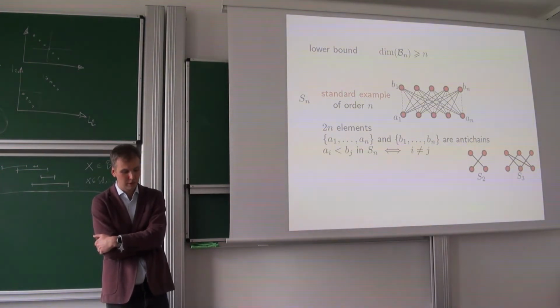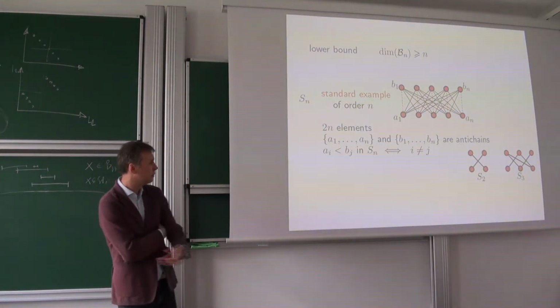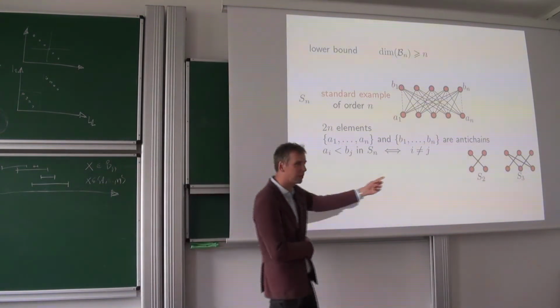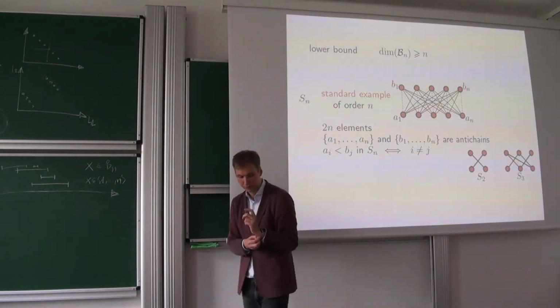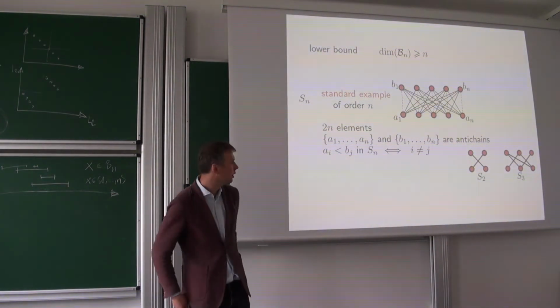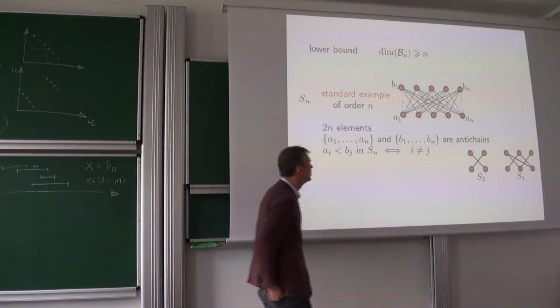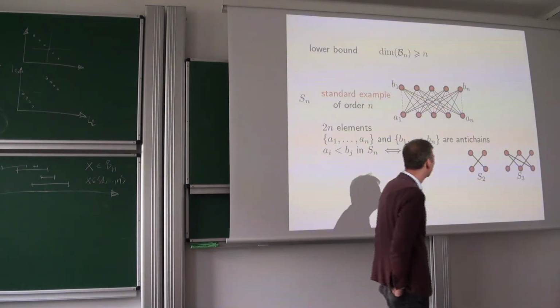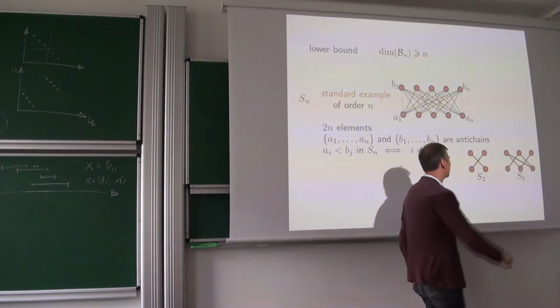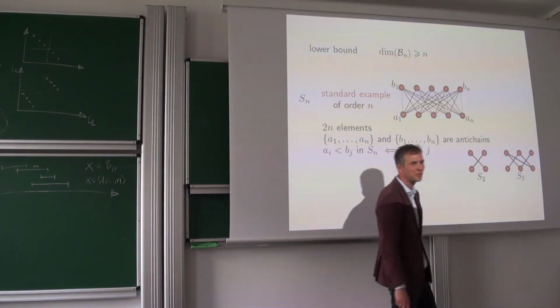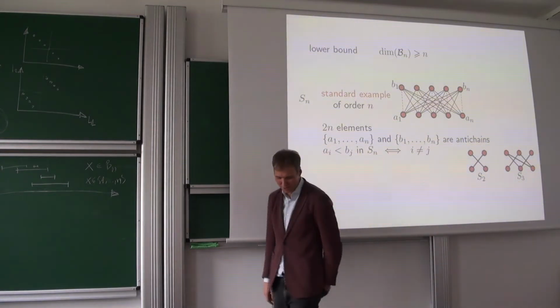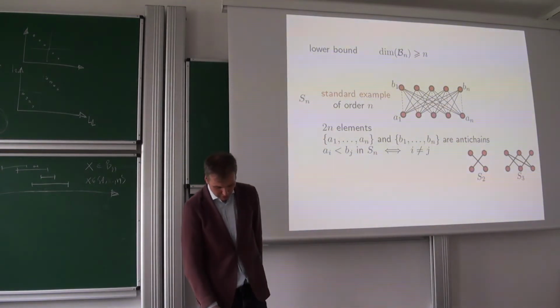And here you have a picture of the smallest reasonable standard example of size 2, and size 3 next to it. Do I miss an edge? Yes, I miss this edge. Thanks, good spot.